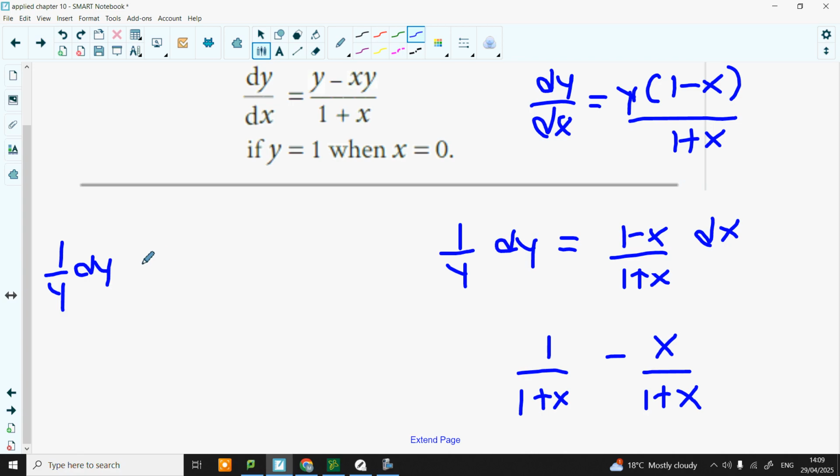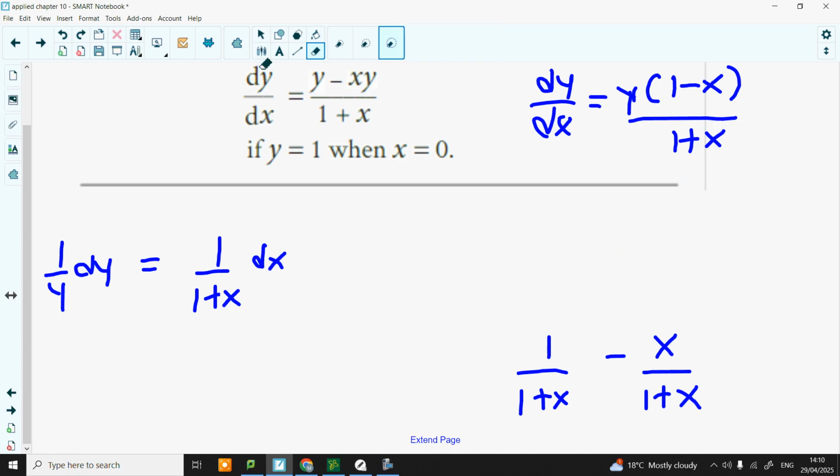We have 1 over y dy equals, the dx can act on both parts separately, okay, is that all right? So the dx can act on this part, the 1 over 1 plus x part, dx, that's all right.